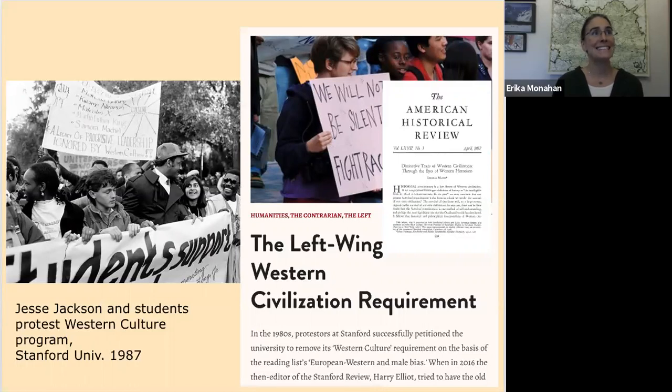In 1987, Jesse Jackson and some students led a protest at Stanford University against teaching Western civilization in this form of Eurocentric, celebrating a canon of white male authors, and really arguing that the course as it was taught is problematic and that it should probably incorporate other aspects of civilization.